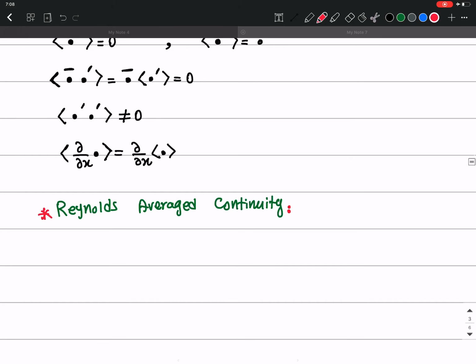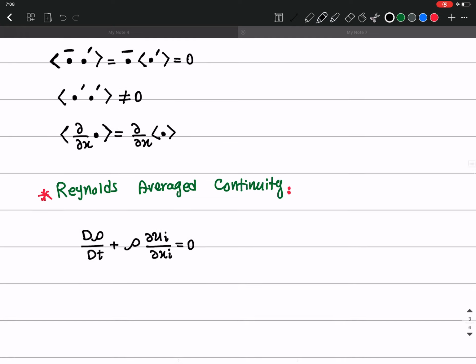So the continuity equation in differential form was partial rho over partial t plus rho partial ui over partial xi equals 0.